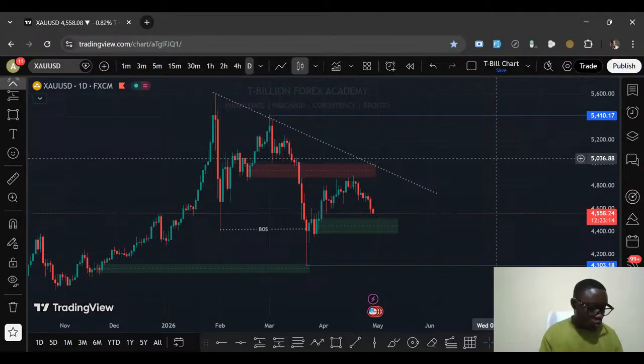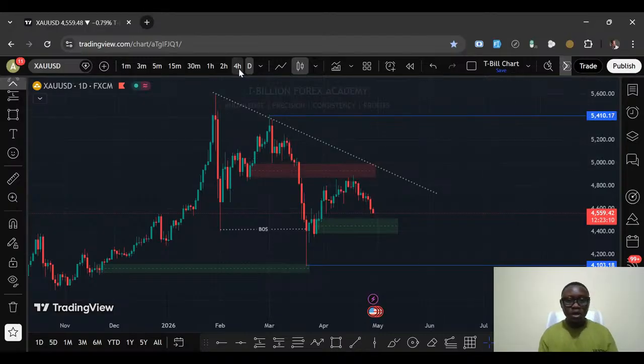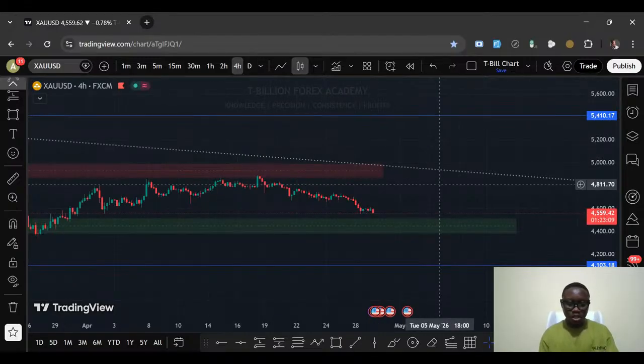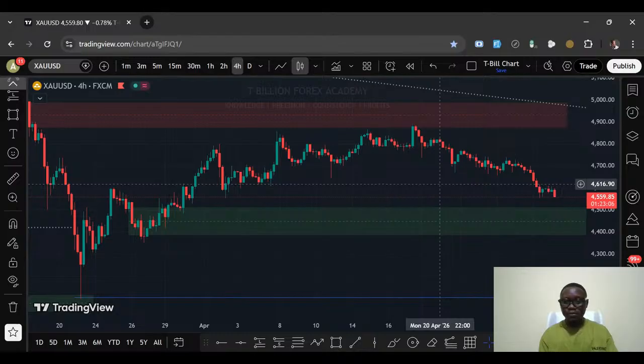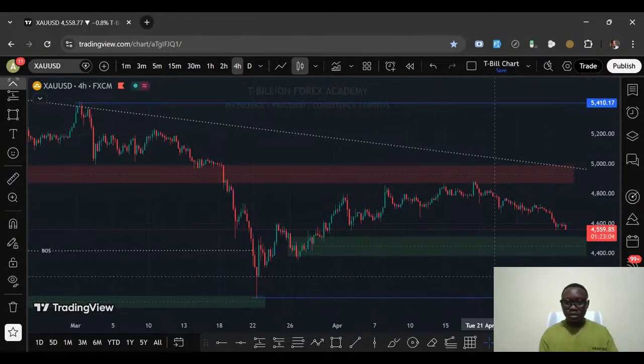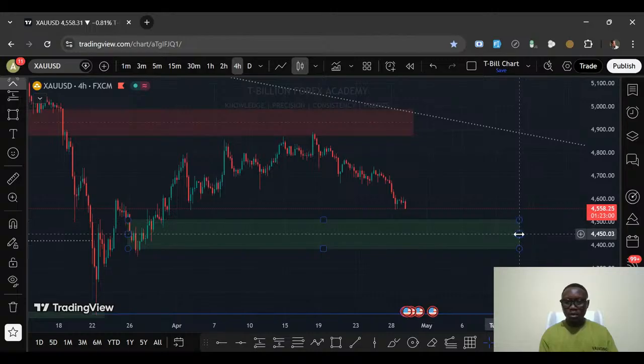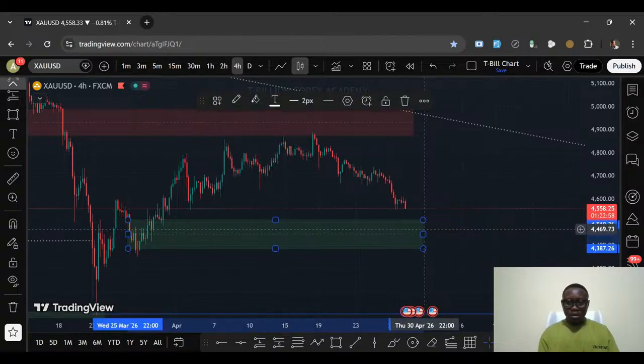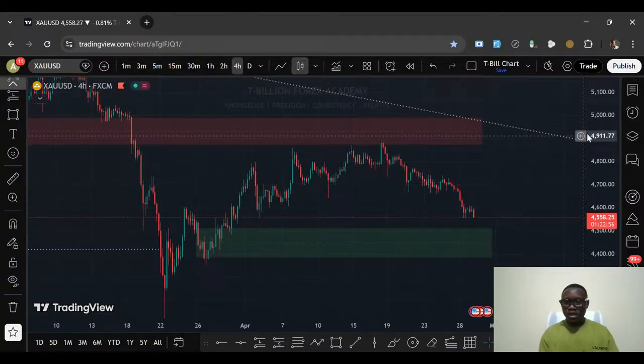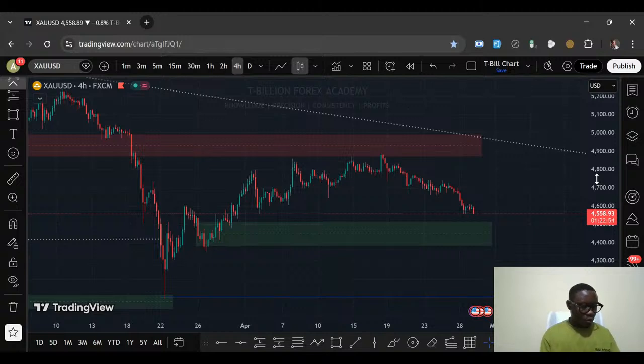The next thing we want to do is drill down to the 4H time frame to identify the 4H structure. One minute guys.